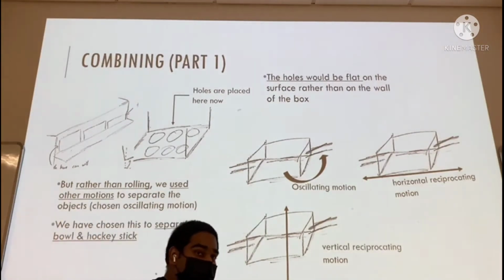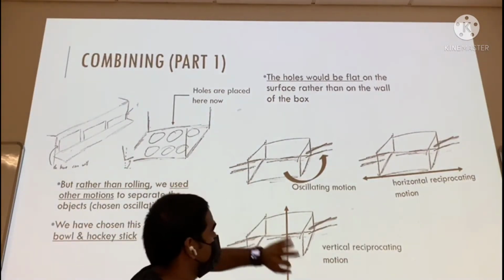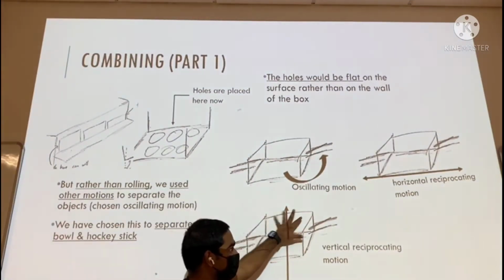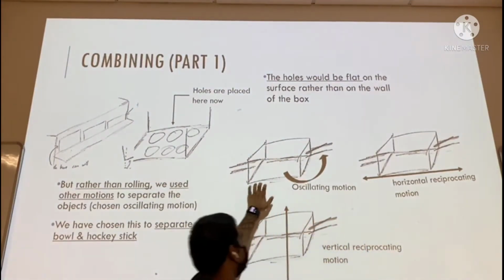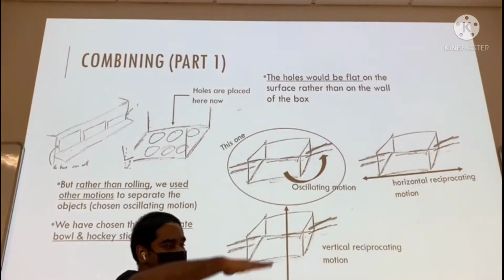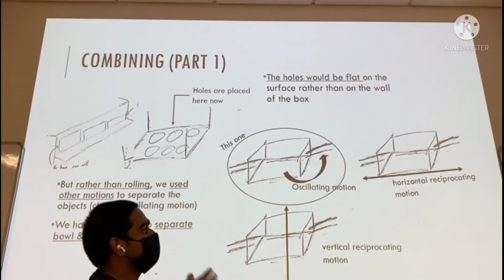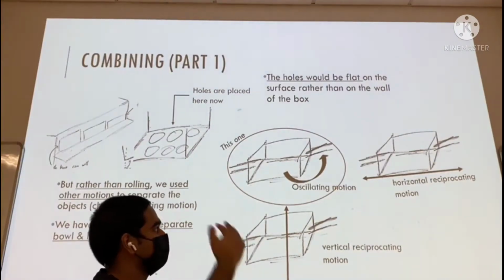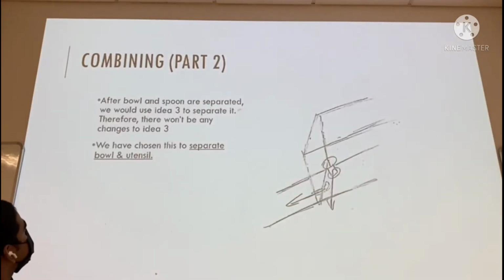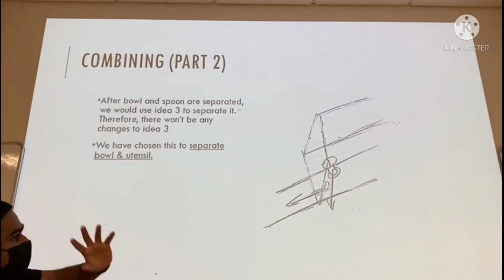There is also a movement for the box, and we had 3 ideas for the movement: vertical movement, horizontal movement, and oscillation movement. We took the oscillation, like swinging like this, so it helps the spoons and the bowls to go inside the holes. Okay, so that was the first part.